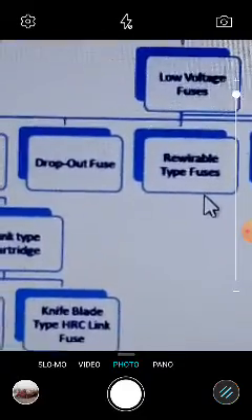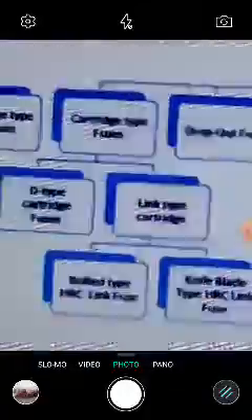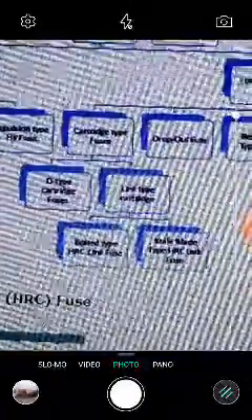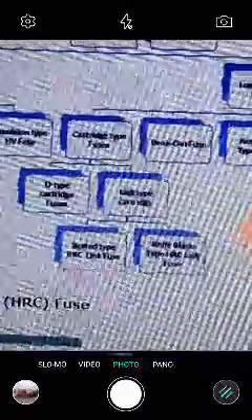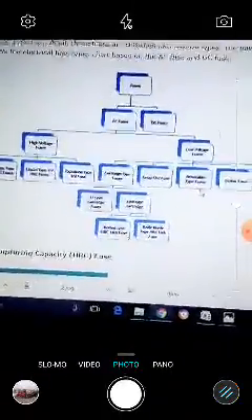If you see rewirable fuses, low voltage fuse, rewirable fuse, and switch fuse. And again in cartridge type, we have link type, D cartridge, high link type, bolt type, knife type. But we are not looking into all these things.